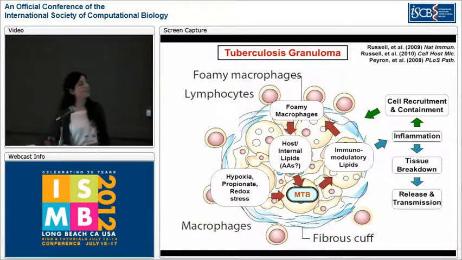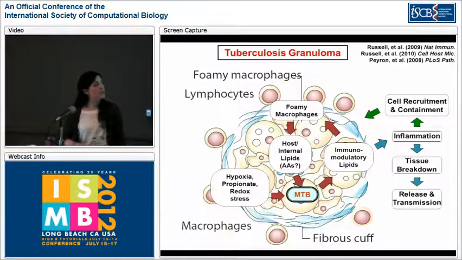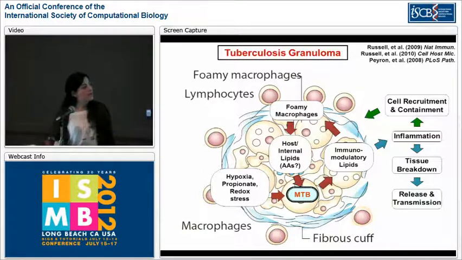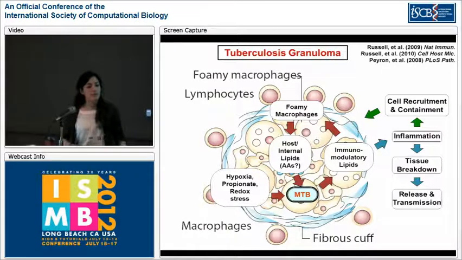So in summary, adaptations to hypoxia, propionate, and redox stress inside the macrophage, as well as the consumption of host and internal lipids or potentially amino acids, lead to the production of immunomodulatory lipids. And from there, again, we have feedback to production of foamy macrophages. And again, this all gives feedback to TB persistence and its latency.